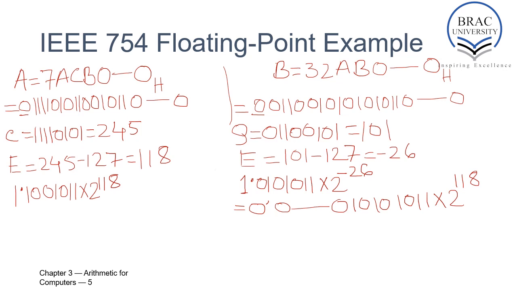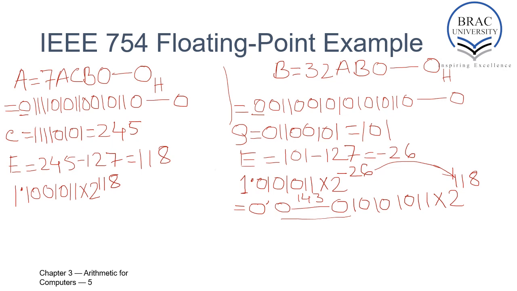Now to go from here to here, how many zeros do we have here? We have in total 143 zeros in this part. Okay.